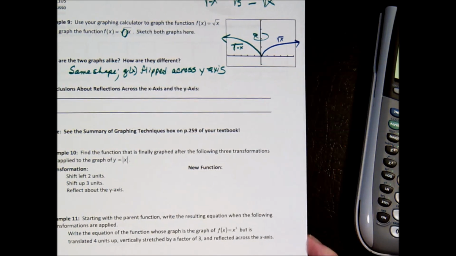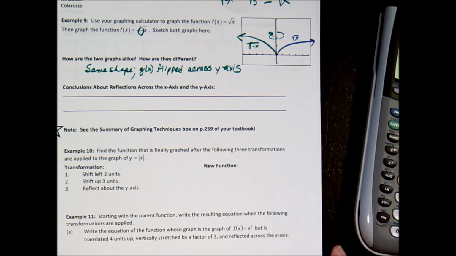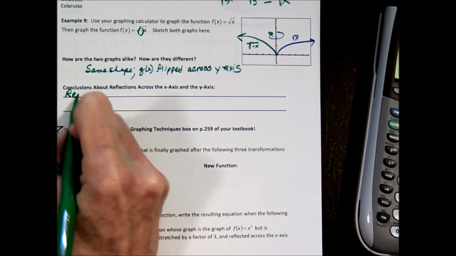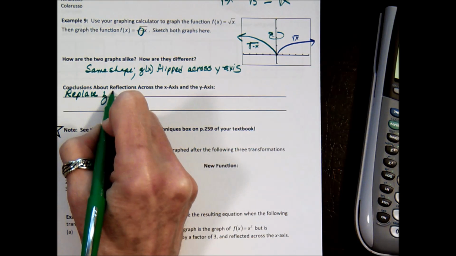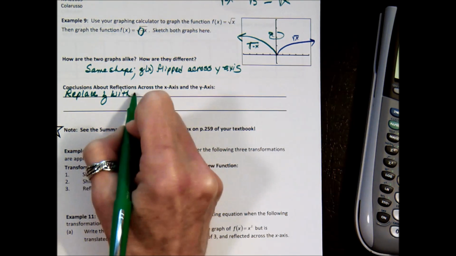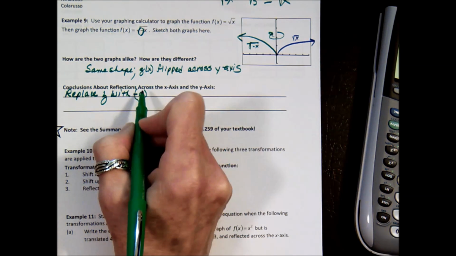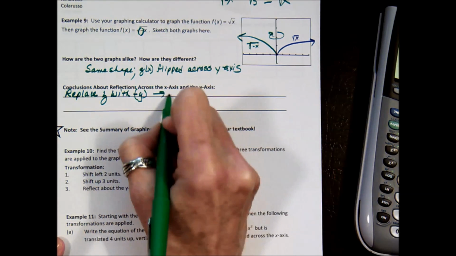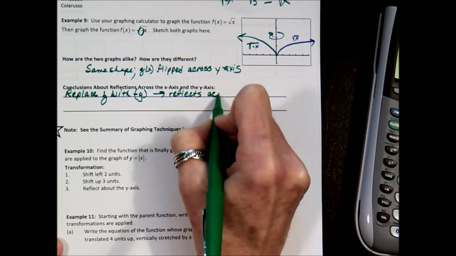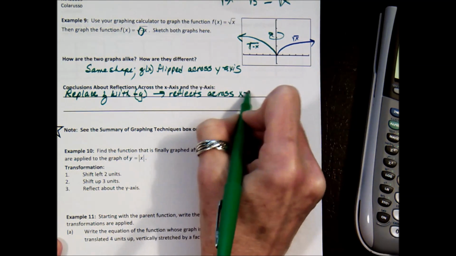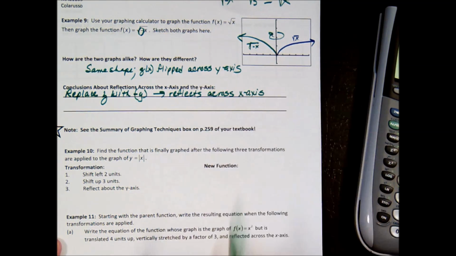Okay, so what are the conclusions? This is really important. When you replace y with negative y, it reflects across the x-axis. And we actually already knew that because we did that when we did symmetry. That was example 8.